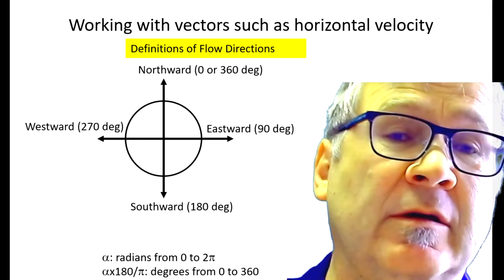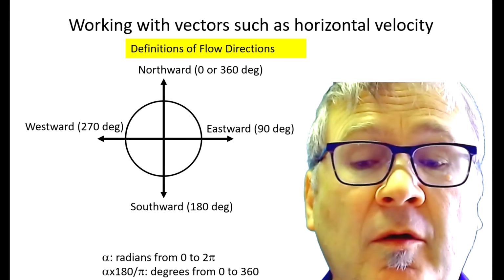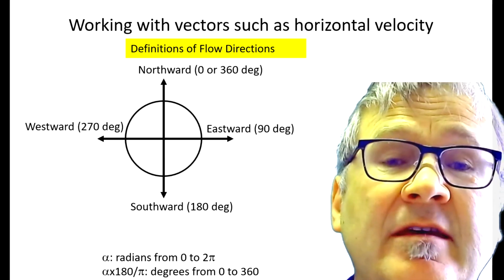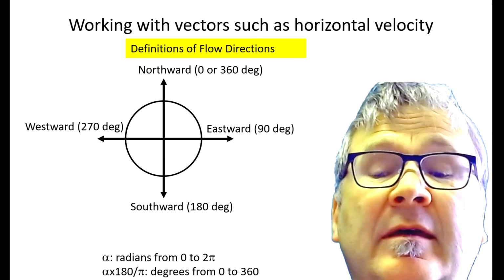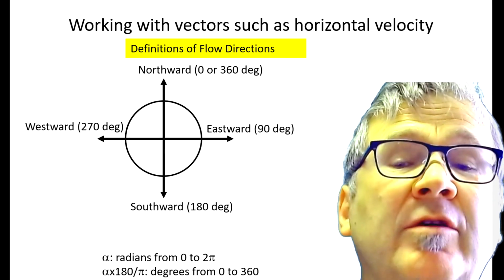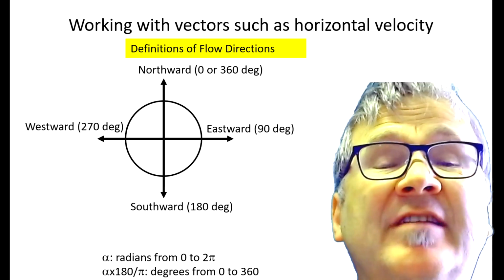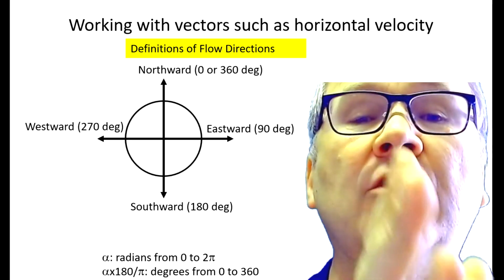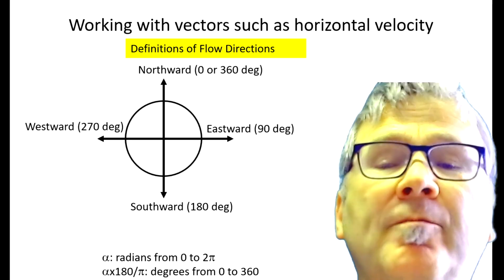They are defined on the basis of radians, essentially. You are looking at this compass here, and the radians vary from 0 to 2 pi, or you can express it in degrees. You start with 0, which means it's a flow that goes to the north, like shown here with this arrow.